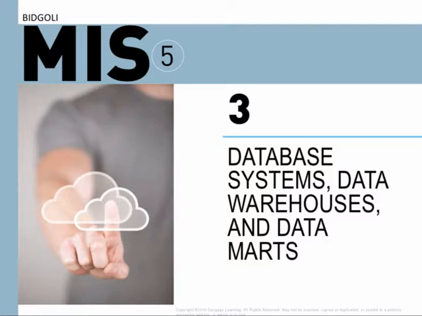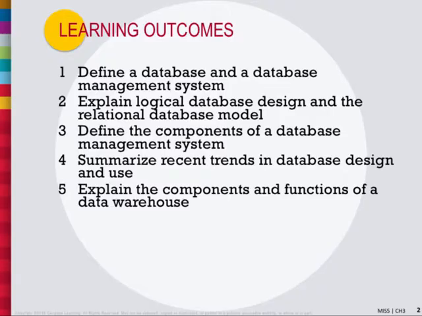So we've got learning outcomes that we want to, actually more than 5, I think it's about 8, I apologize. But we've got several learning outcomes that we want to make sure that we're communicating through reviewing this chapter. So the first 5 are on the screen. We want to define database and database management systems.